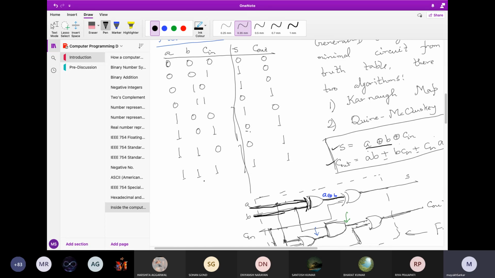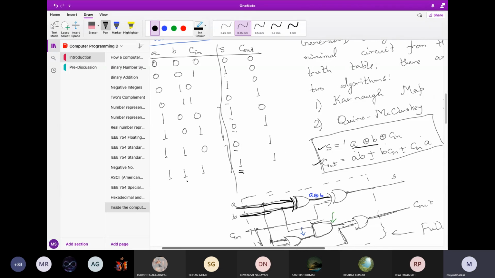Take anyone else. 1, 1, 1. 1 and 1 XOR gives you 0, and 0 and 1 XOR gives you 1. That's what you are seeing. You can take any input here. If you perform the operation that has been demonstrated here, you will get the S. That means if you perform this equation for each input, you will get this S output. Is it clear? Yes, sir.